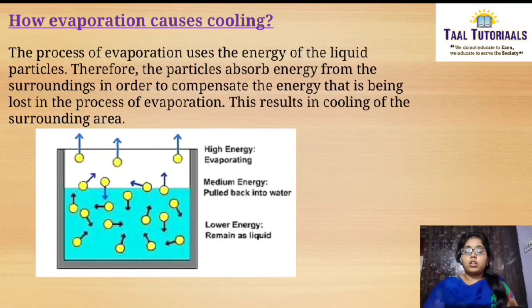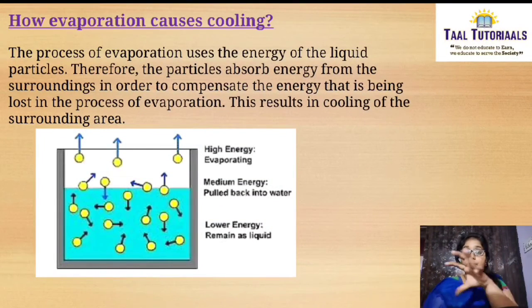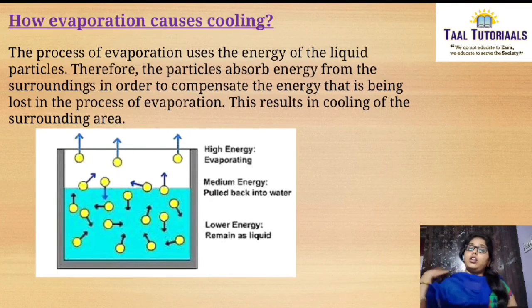how evaporation causes cooling. The process of evaporation uses the energy of the liquid particles. See, what happens? The process of evaporation is using the liquid's energy. Therefore, the particles absorb energy from the surroundings, in order to compensate the energy that they are losing.